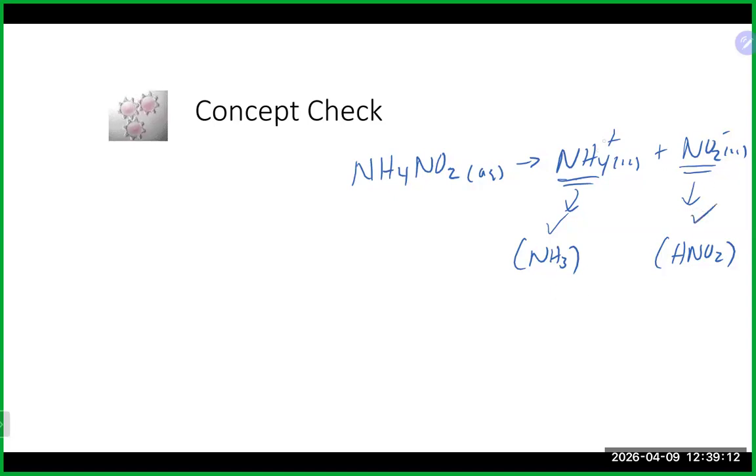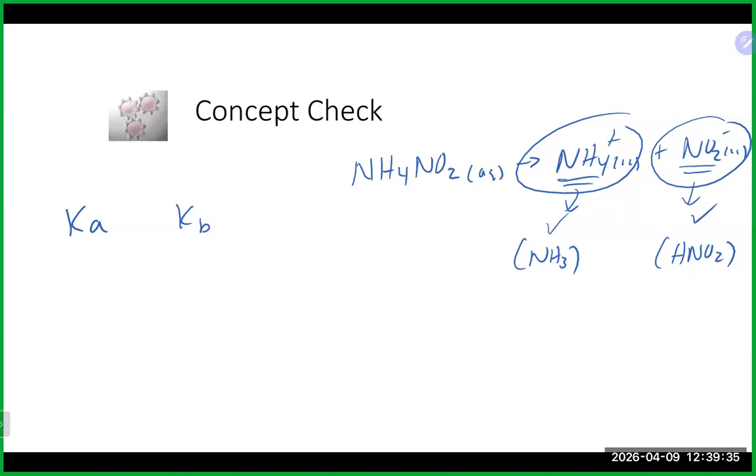Which means in this case, both of these ions can actually go through hydrolysis. So it is possible that both parts of the salt can go through hydrolysis. To separately calculate what happens is very complicated. So what we typically do in this situation is compare the Ka value to the Kb value.